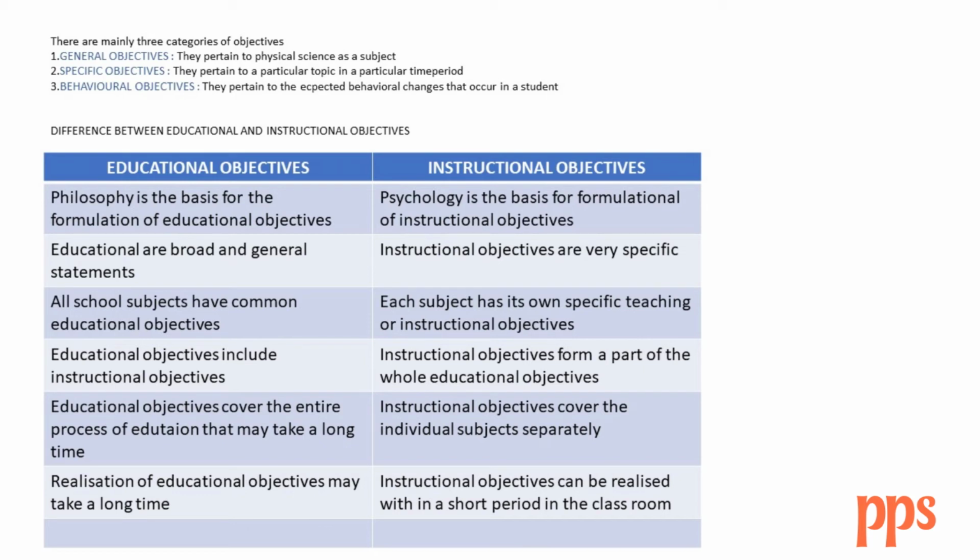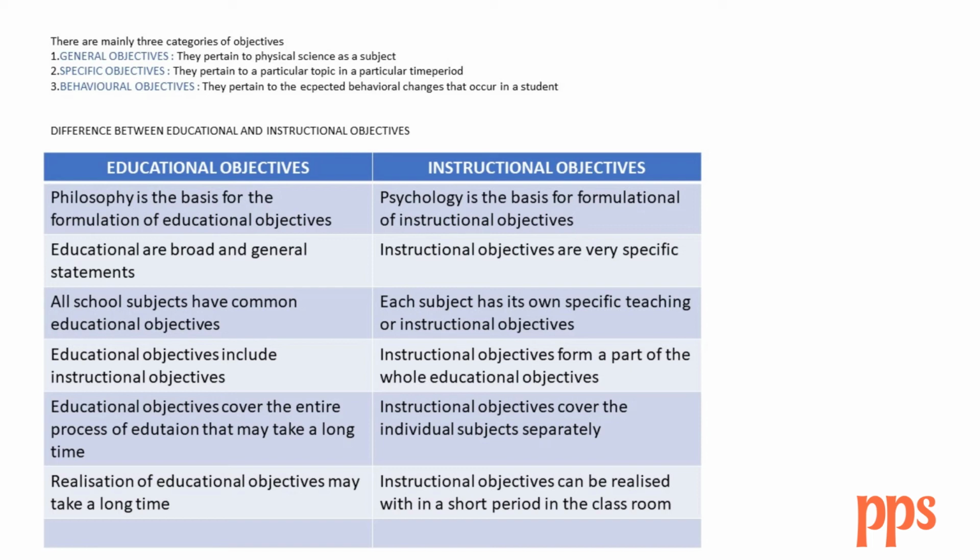Let us discuss the differences between educational and instructional objectives. In the case of educational objectives, philosophy is the basis for their formulation, whereas in the case of instructional objectives, psychology is the basis for their formulation.